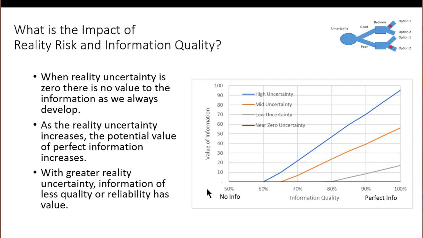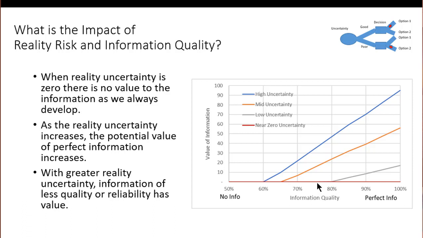Then, with a greater reality uncertainty, information of less quality or reliability has value. So if I had 100 as my standard deviation, if the information reliability is less than about 80%, I'm better off always developing.